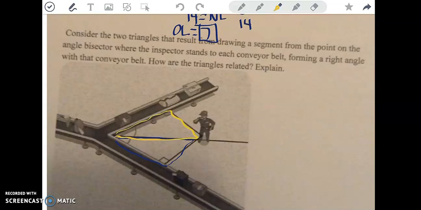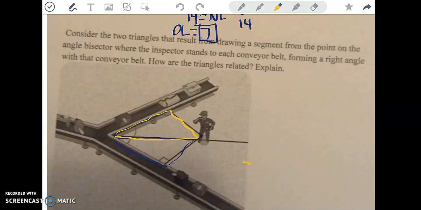Basically, this person's job is being on a conveyor belt. He has to be equidistant between both conveyor belts. So they put a piece of tape down, as explained in another problem that I decided to skip, so he can be equidistant between both conveyor belts.